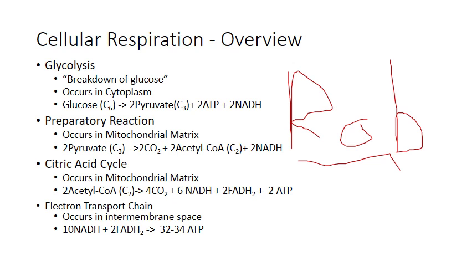So the first 3 steps are really about breaking down the glucose into carbon dioxide and converting some energy to NADH and FADH2, and then in the last step we use all of those high energy molecules to make the rest of our ATP. So basically you're taking some from one step and moving it down to the next step. Yeah. And as we go, I'll write on the board where all the carbon and where all the energy is going, so that could help us keep track.